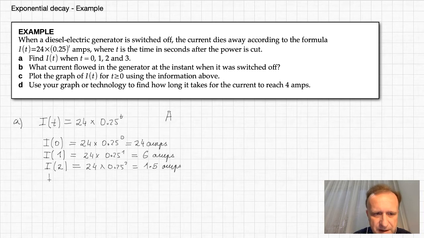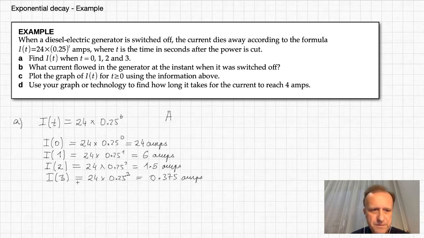And finally, the current at time 3 is 24 times 0.25 to the power of 3, and again let me use the calculator. So 0.25 to the power of 3 is 1/64, and this multiplied by 24 is 3/8, so it's 0.375 amps. Okay, so we have completed part A like that.